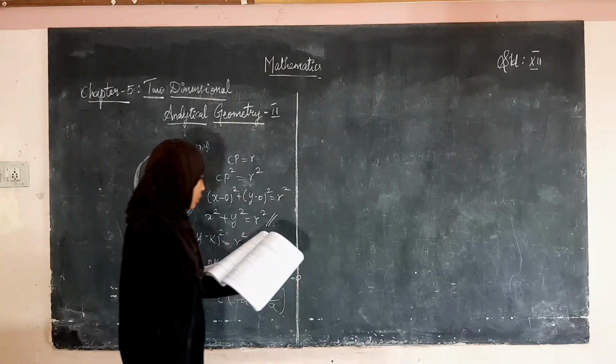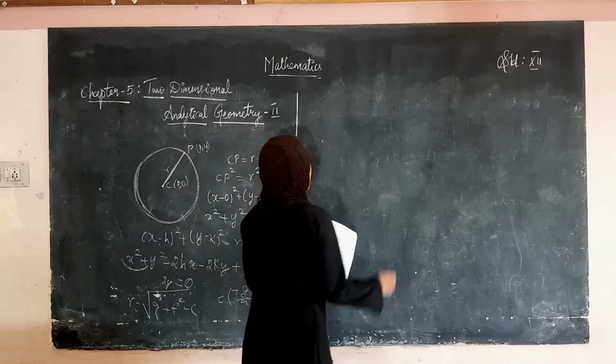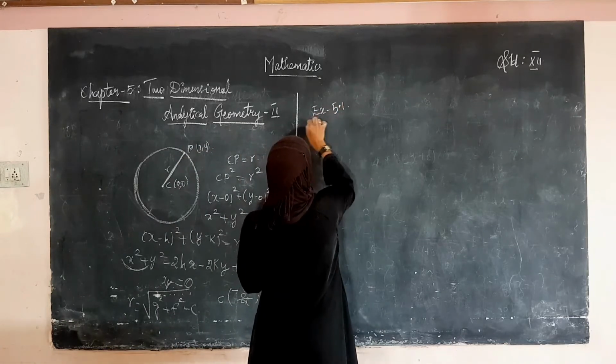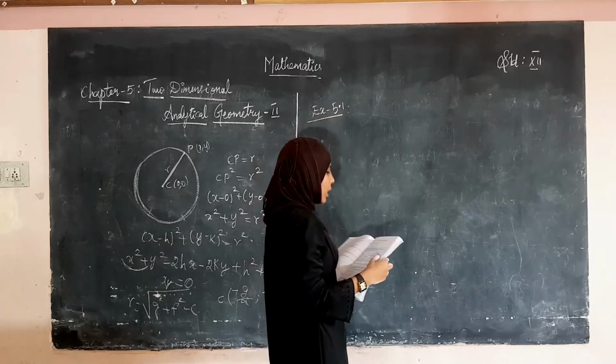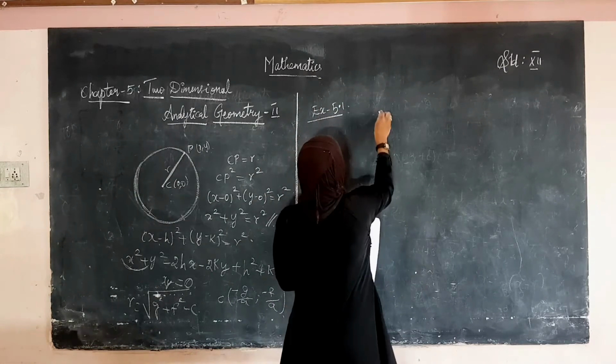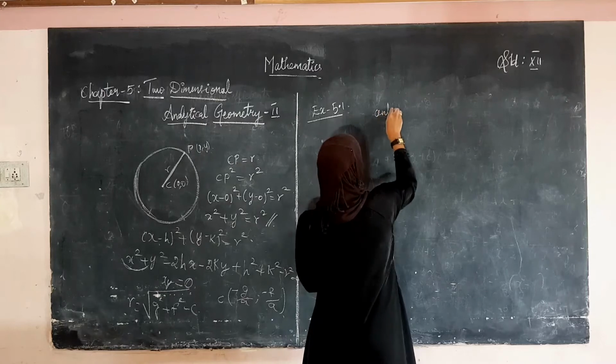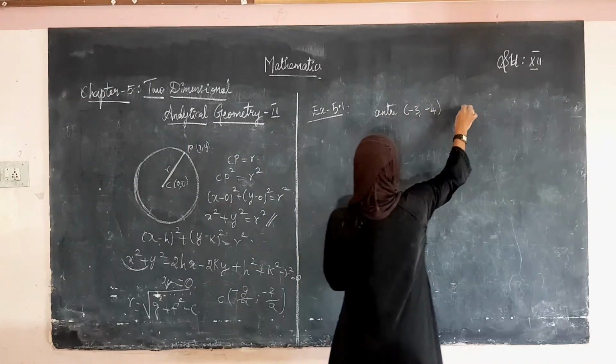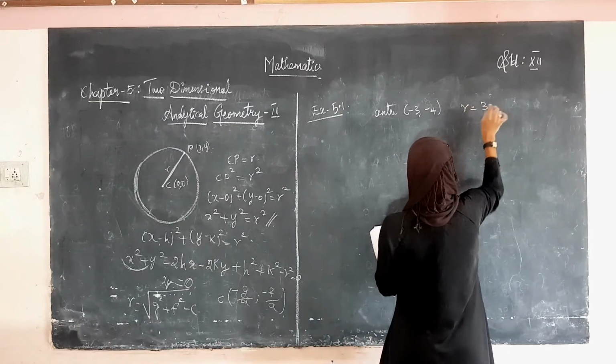Okay, now let us move on to example number 5.1. Example number 5. Find the general equation of a circle with center minus 3 comma minus 4 and radius equal to 3 units.